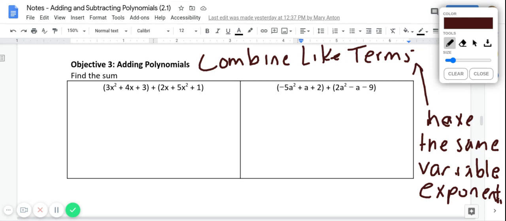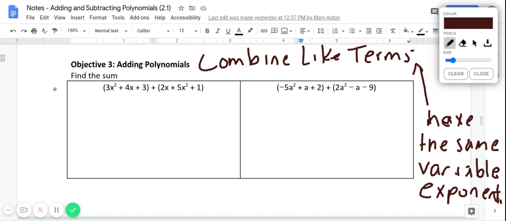Okay. So what I mean by that is I cannot combine this 3x squared and this 4x because they don't have the same exponent, so you can't combine them. And you can plug in values for x to see why you can't combine those. So you have to find the same variable exponent terms.